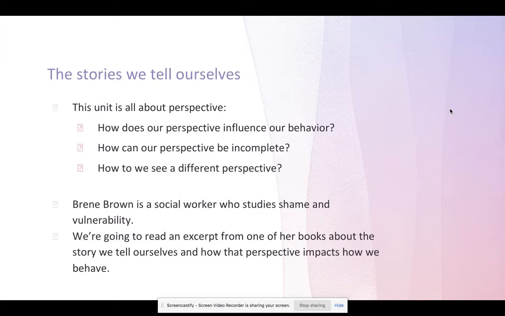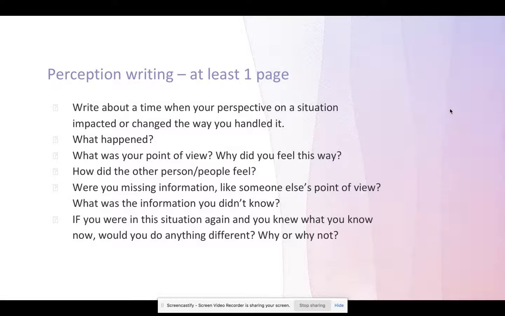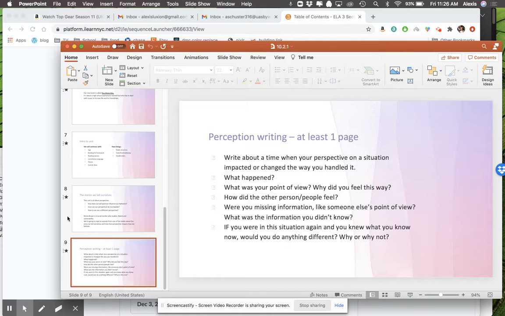We're going to read a short, tiny little excerpt about one of her books about the stories that we tell ourselves and how that impacts the way that we behave. Because sometimes the story that we're telling ourselves is incomplete, or even sometimes untrue. Okay. So we're going to be looking at that with her. You can go ahead and pause the video now and do that part.